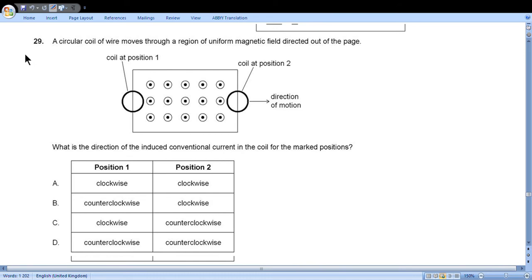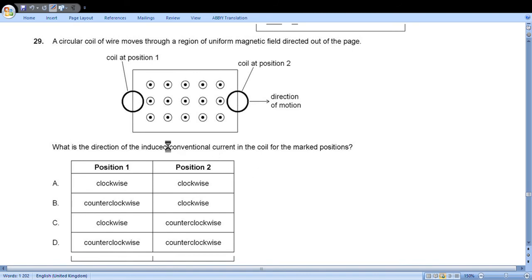A circular coil of wire moves through a region of uniform magnetic field directed out of the page. What is the direction of the induced conventional current in the coil for the marked positions? This is a difficult question.